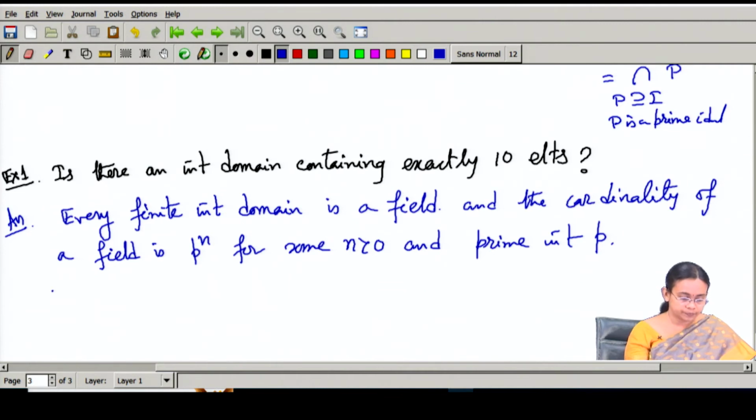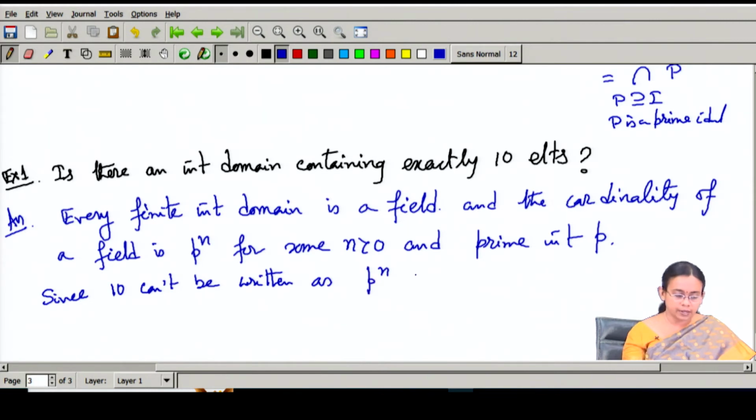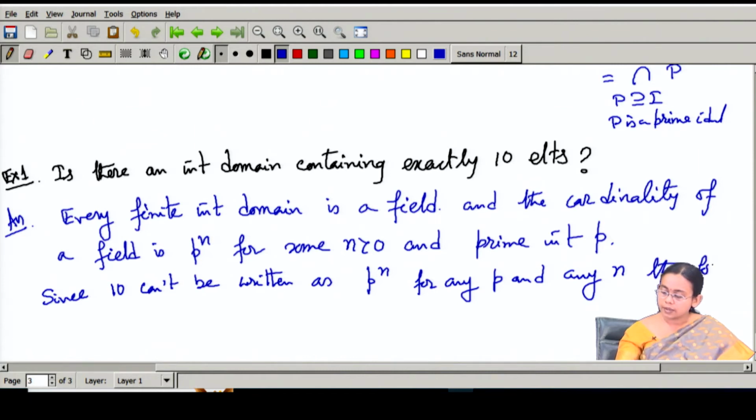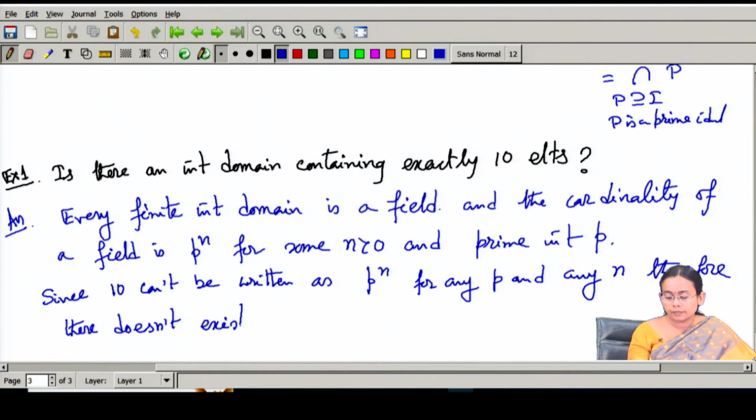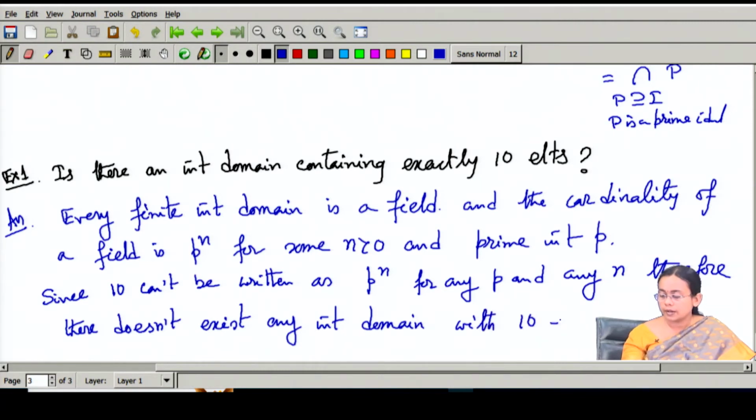Hence, since 10 can't be written as p to the power n for any p and any n, therefore, there doesn't exist any integral domain with 10 elements.